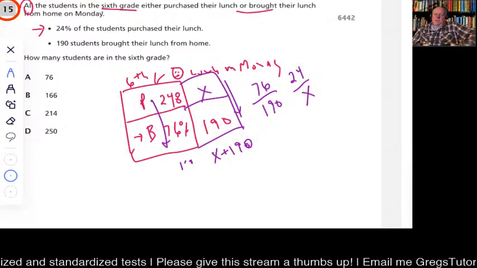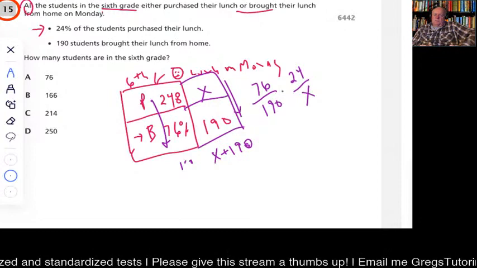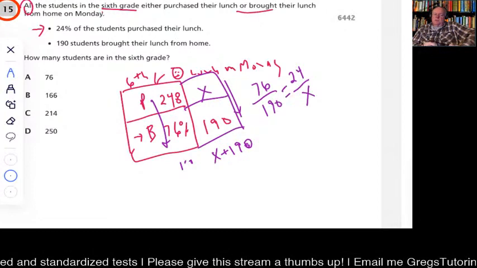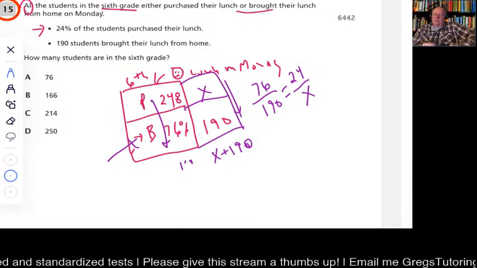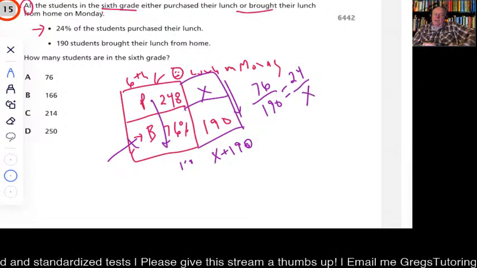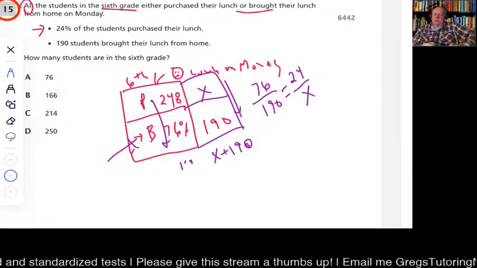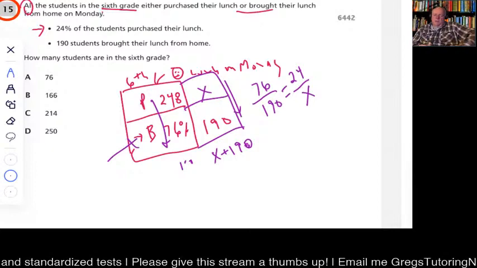And then all we have to do is the cross product, because these two ratios are equal and we have set up a proportion. So the problem gave us all the data for B, for the kids who brought it, but only half the data for the kids who purchased it. So we're going to use that to our advantage. All right? So we're going to do the cross product.